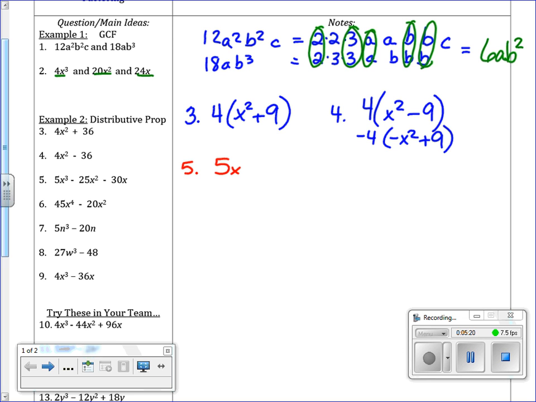And I would multiply that to x squared minus 5x minus 6. And for number 6, the only thing I can pull out of that is going to be a 5x squared.